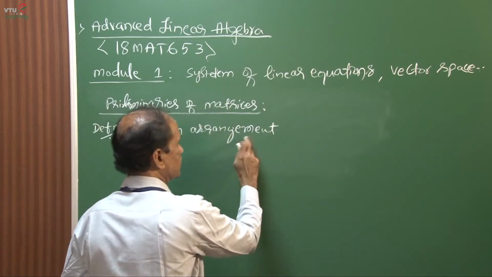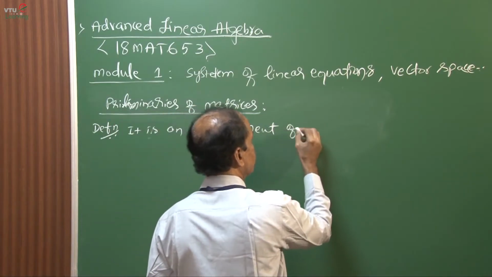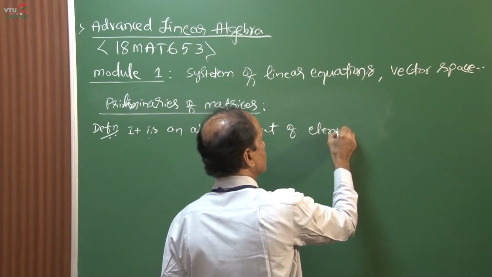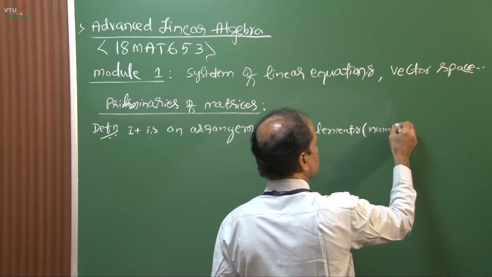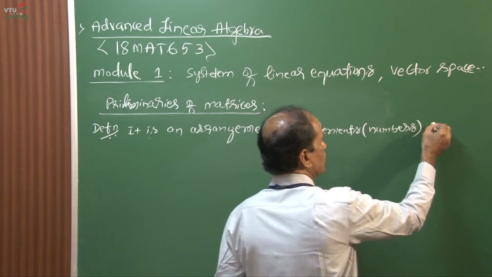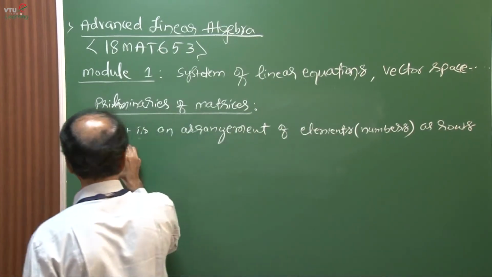Definition of matrix: it is an arrangement of elements, we call them numbers, as rows and columns.